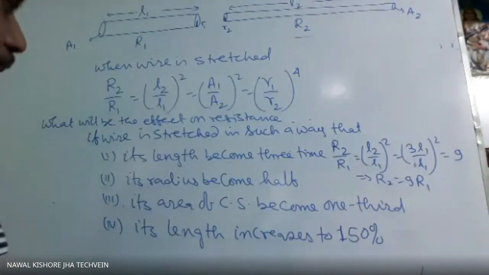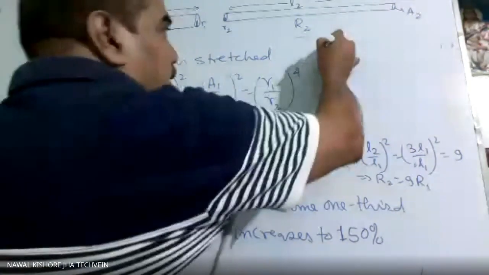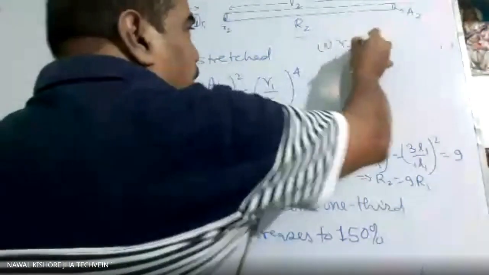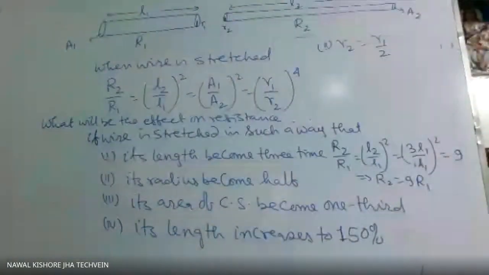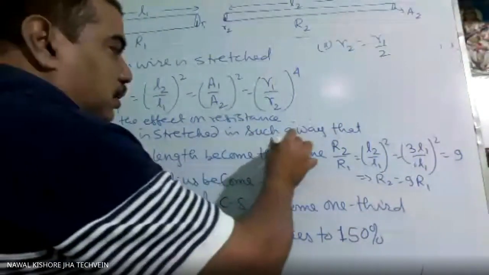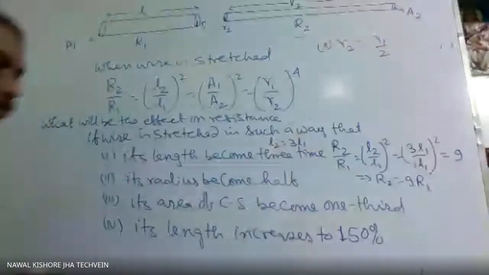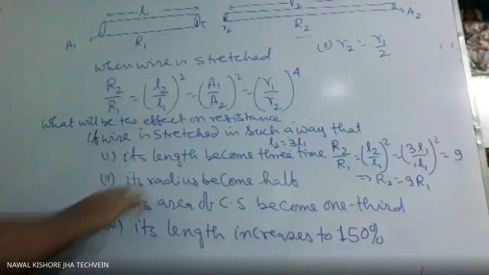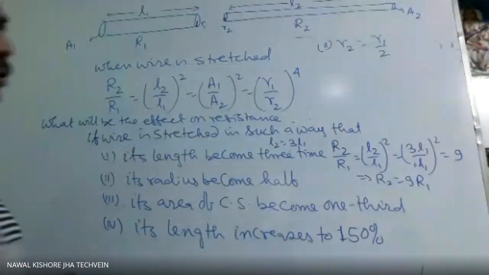Second one you are given. In the second one you are given this R2 is half of R1. In the first one, this L2 was 3 times L1. Second one, radius becomes half. That means R2 is R1 by 2.